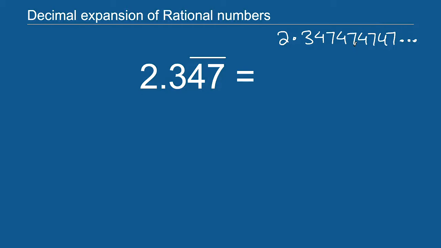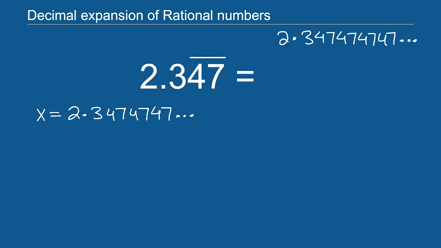So how do we find this number in the form of P by Q? Let's assume that this number is equal to x, meaning 2.3474747, 4, 7, 4, 7, and so on. This number is equal to x.